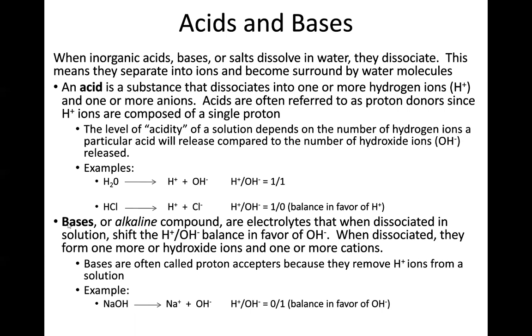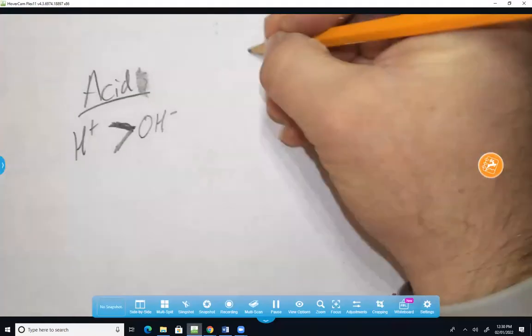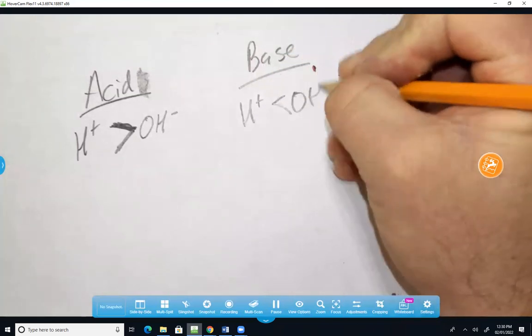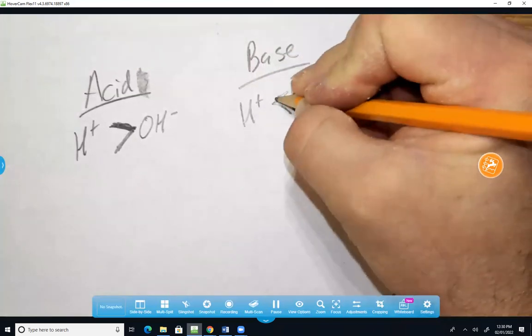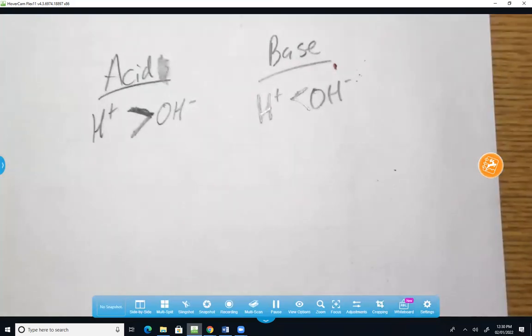Okay. Bases, or alkaline compounds, are electrolytes that when dissociated in solution, shift the balance of the hydrogen ions and hydroxides in favor of hydroxides. So in other words, a base is this: more hydroxides than hydrogen ions.